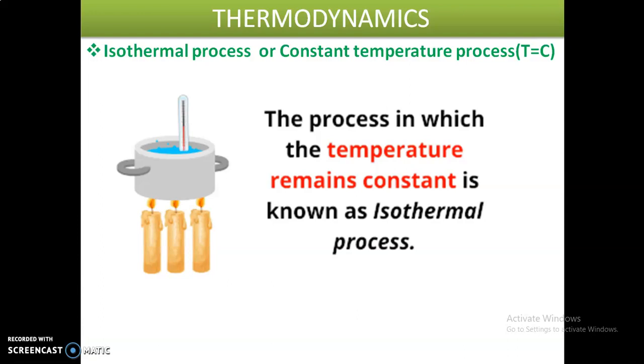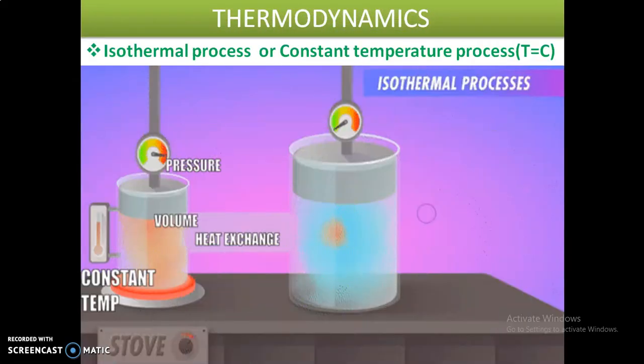See what happens in the isothermal process. We are taking a cylinder, vessel or container, whatever it is. In that cylinder we have a gas, and we are heating this gas at constant temperature.